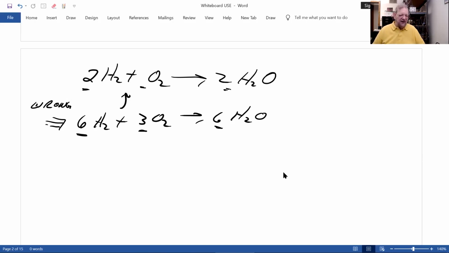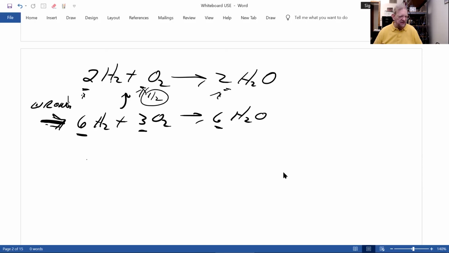You can't divide 1 by 2, where you can do it here and get 1, here and get 1, but 1 divided by 2 is 1/2, which is not a whole number. But the wrong one, I could divide each of these by 3. And when I do that, I come up here.